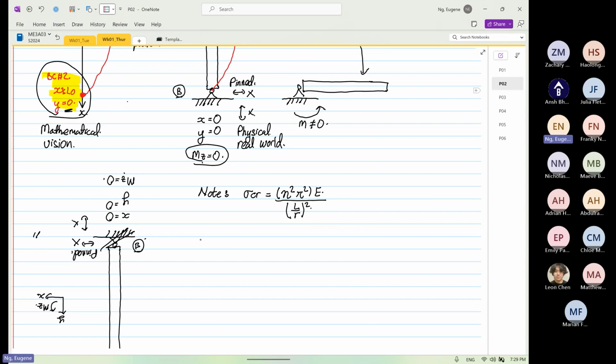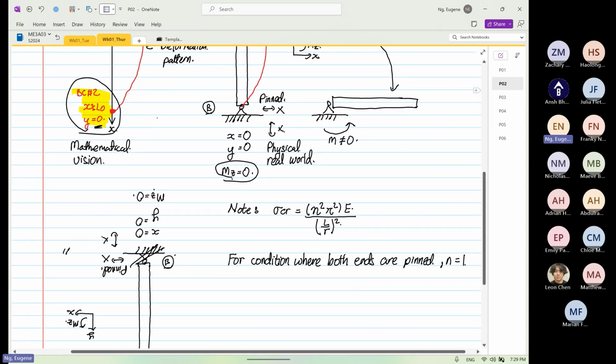So for the condition where both ends are pinned, n is equal to 1.